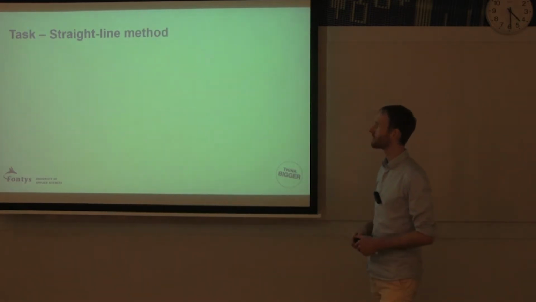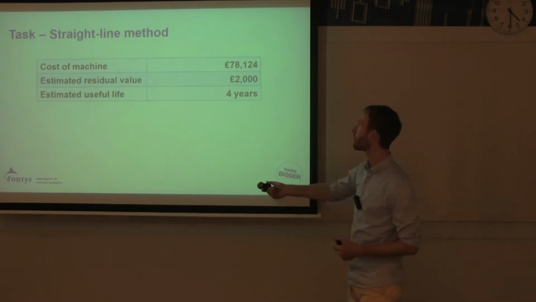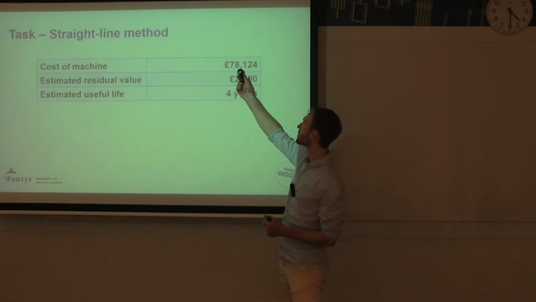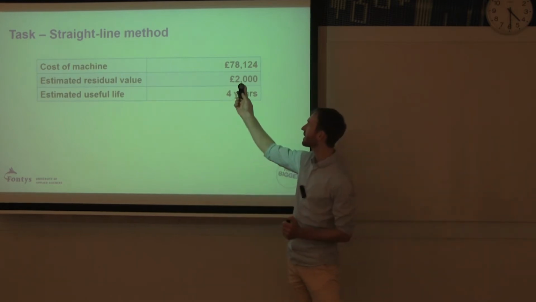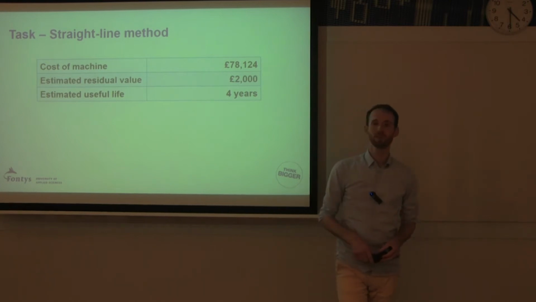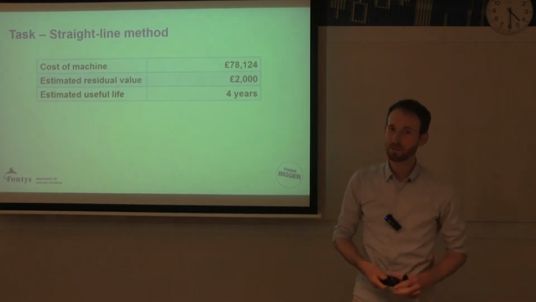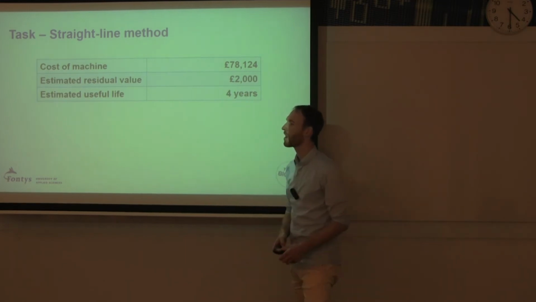Let's do a little task. We bought a machine for £78,124. We can say that after 4 years, the machine can still be sold for £2,000, and we estimate to use the machine for 4 years.